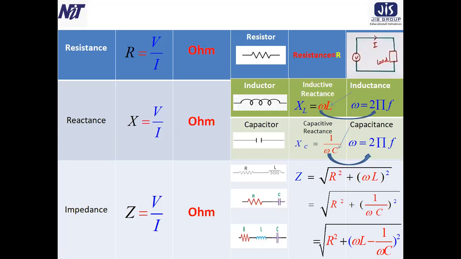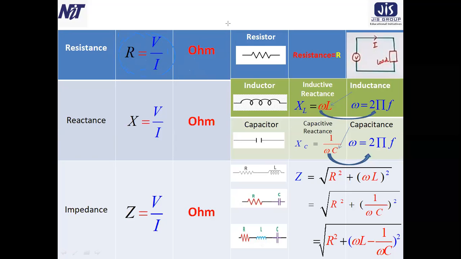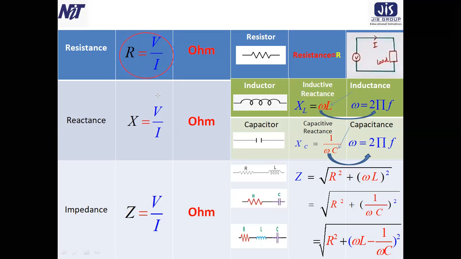Resistance, you know from Ohm's law, you all have some idea about resistance. From Ohm's law we can easily define that V equals IR, and from there we can define that resistance equals V divided by I. The unit of resistance is ohm.